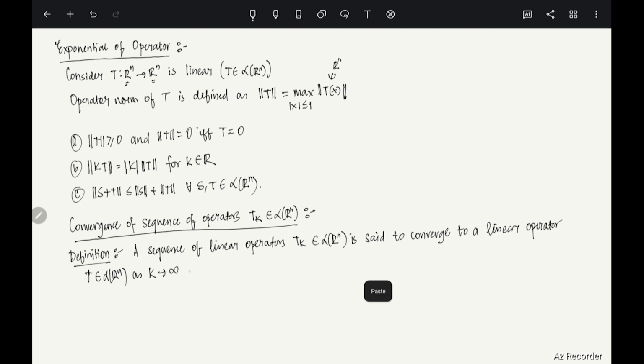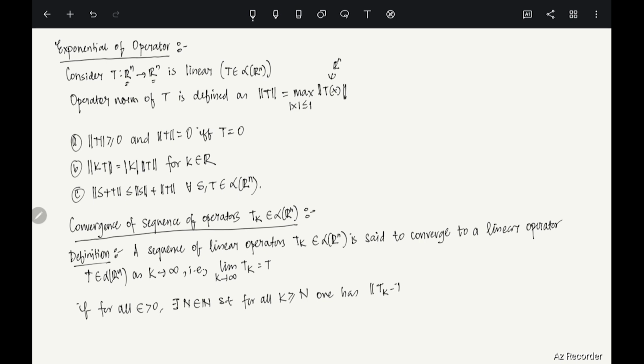We will write it like this: the limit as k tends to infinity of Tk is T, and this convergence holds if for any epsilon greater than 0 there exists a natural number N such that for all k greater than or equal to N, you can make it as small as possible.